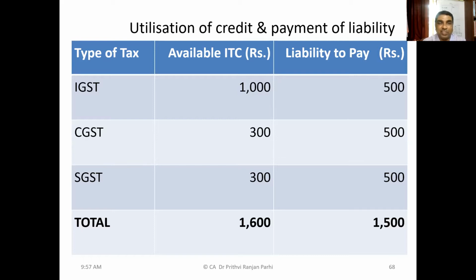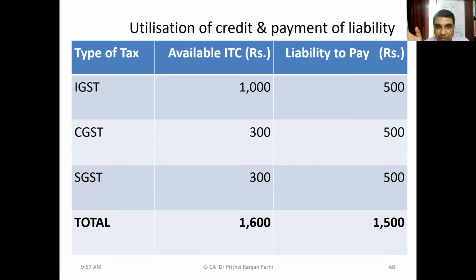First, I have to use my IGST credit. So 500 is the liability for IGST. I have credit of 1000. So out of 1000 rupees, 500 can straightway go here. And how much money will remain here? 500. And this 500 I can use for payment of CGST and SGST in any proportion.